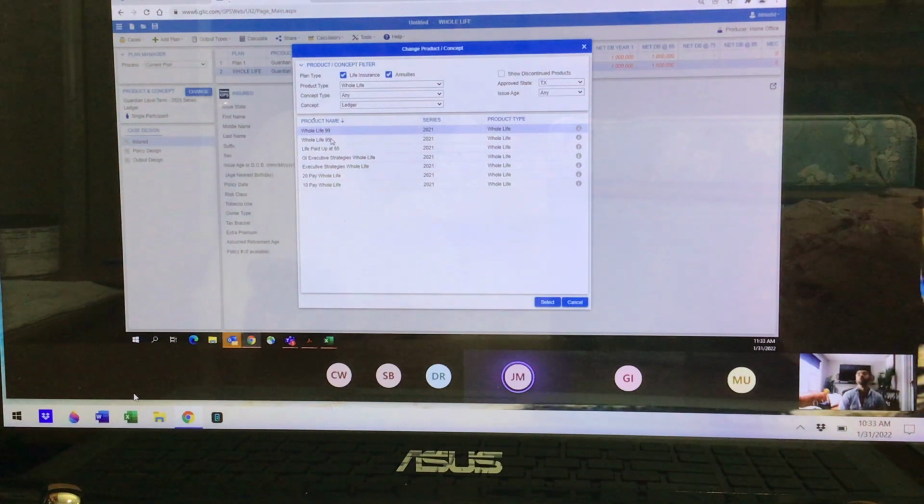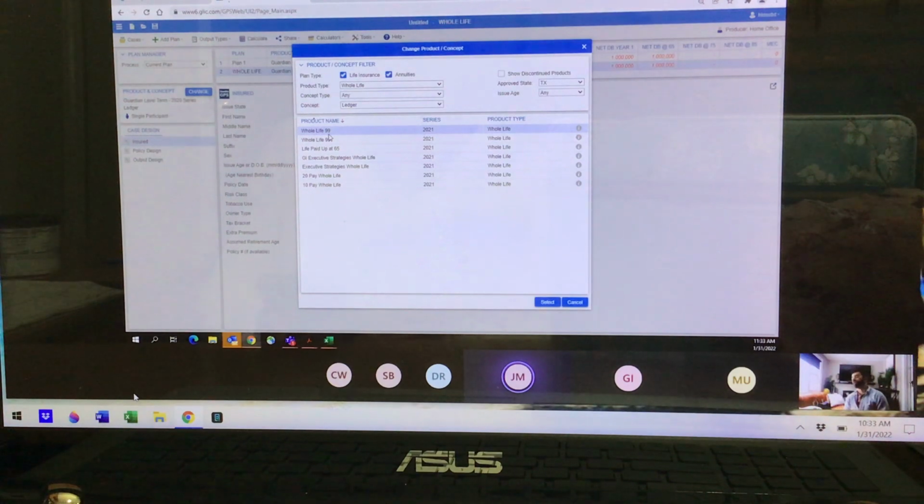We also have Whole Life 121. If you recall, I brought up Whole Life 121 when we were talking about the waiver plus, because that's the contract that you'd be able to convert into at the end of the term. And let's talk about what the strengths and weaknesses are of each of these contracts.